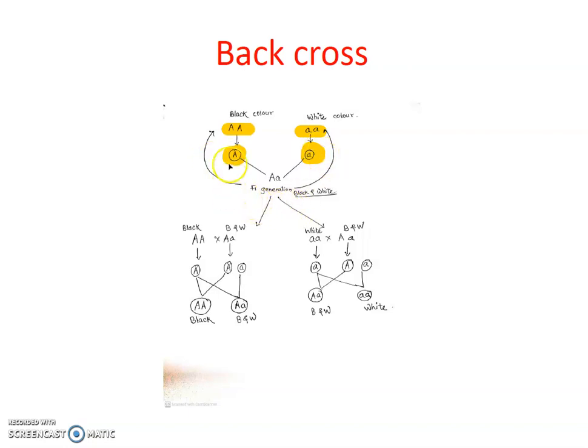Then after fertilization, after the cross, there is formation of hybrid animals which are black and white colors. Both colors may be present in the F1 generation.